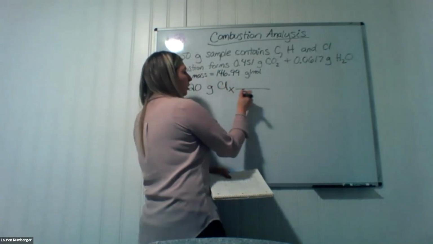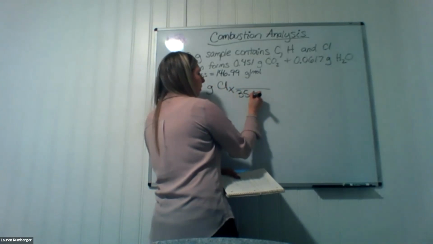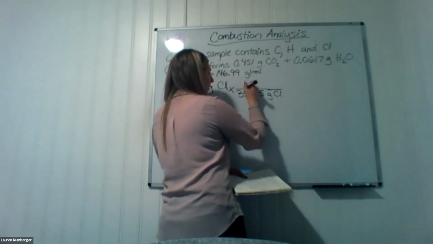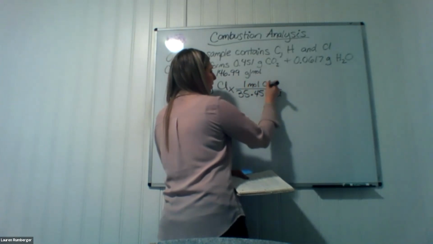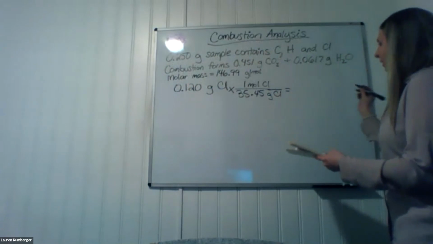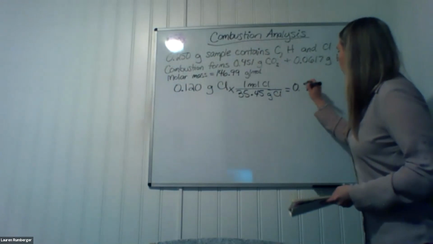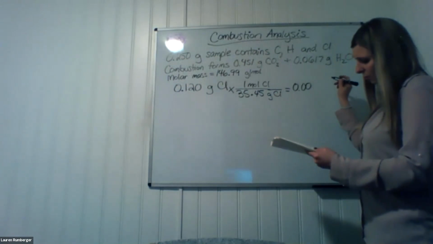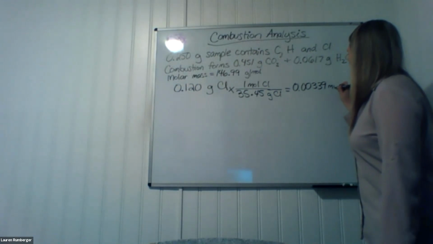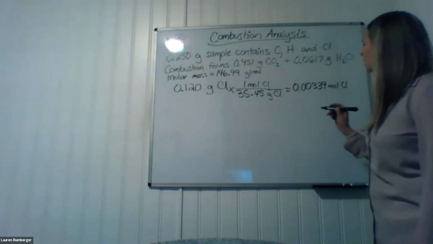The molar mass of chlorine is 35.45 grams of chlorine per 1 mole of chlorine. This is going to give us 0.00339 moles of chlorine.